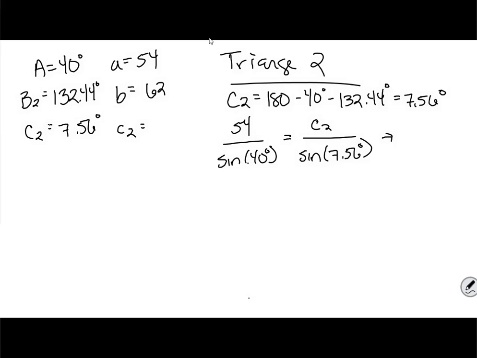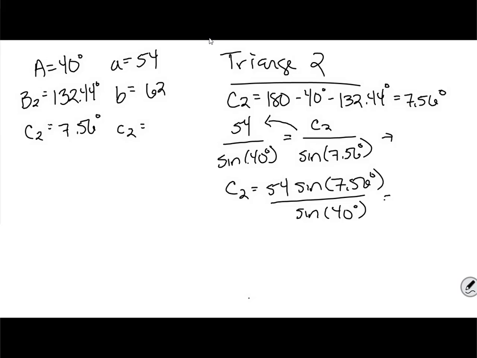To solve that, we're going to multiply sine of 7.56 degrees to both sides. So side C2 equals 54 times sine of 7.56 degrees divided by sine of 40 degrees.